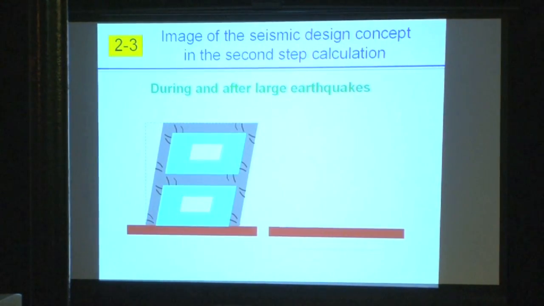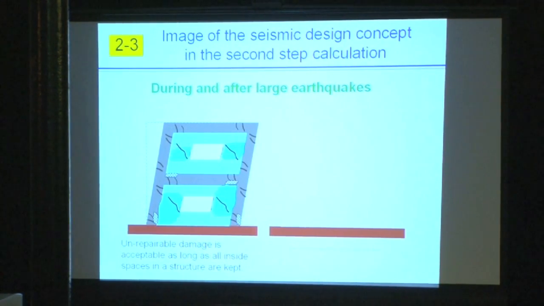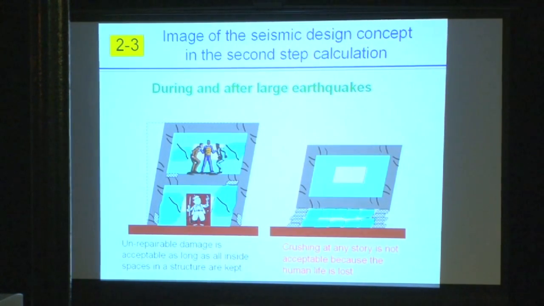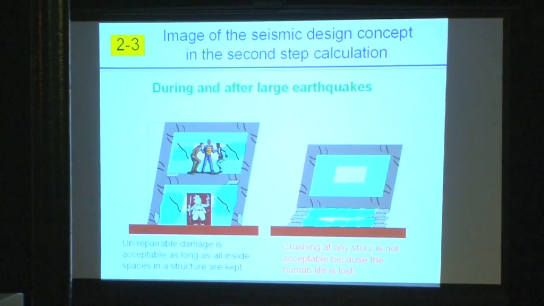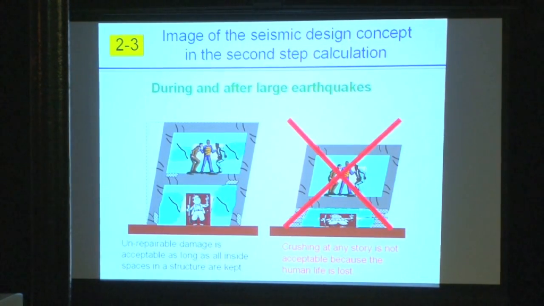During and after large earthquakes, unrepairable damage like this is acceptable, as long as all inside spaces in the structure are kept. However, crushing at any story is not acceptable because human life is lost here.